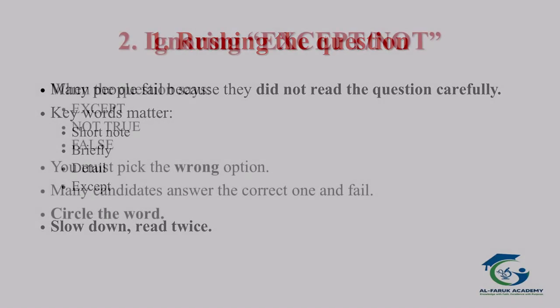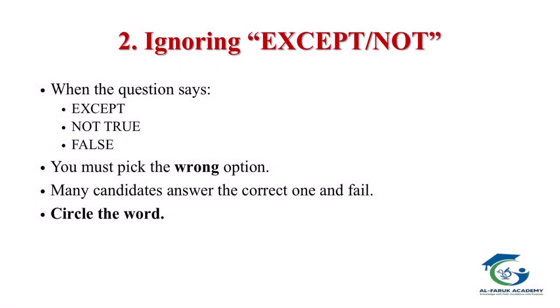Then, number 2 is ignoring the word except or not, especially in MCQs. Whenever the question says except, it means not true or false. You must pick the wrong option. Whenever you find except, you have to take the wrong option. Many candidates answer the correct ones and fail.